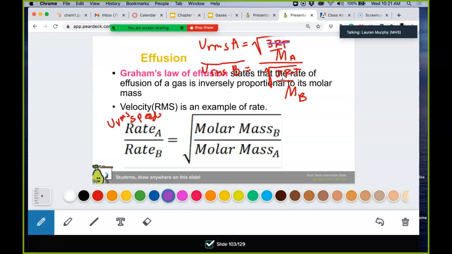The 3RT cancel, right? This flips up, and that is how they got this equation. The rate or speed of one gas relative to the rate of another gas is the inverse square root of their molar masses. They derived it from the speed equation. They didn't just pull it out of nowhere. So that's how Graham's law was determined.